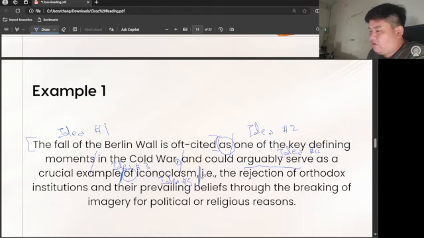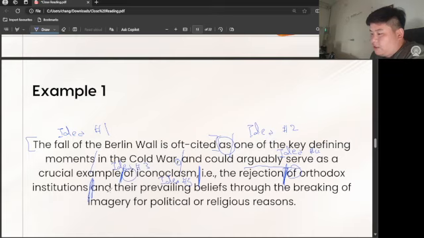Because we can do another marking here. So, of course, if we read on, then we would know what iconoclasm stands for, i.e., the rejection of orthodox institutions.